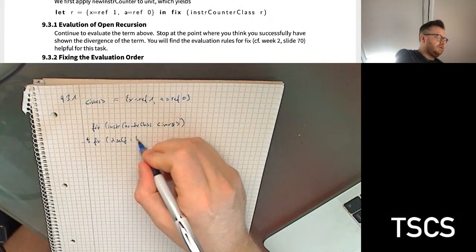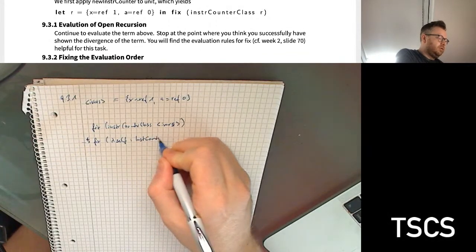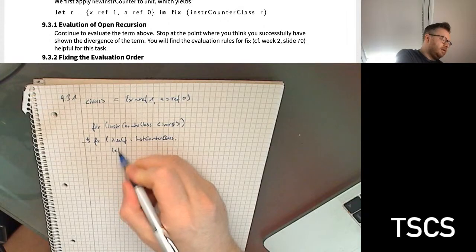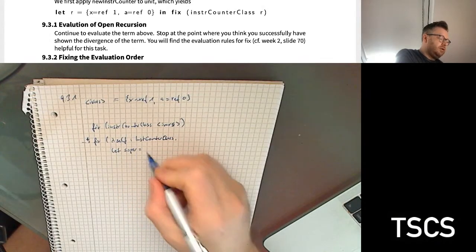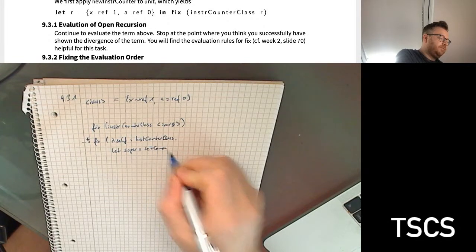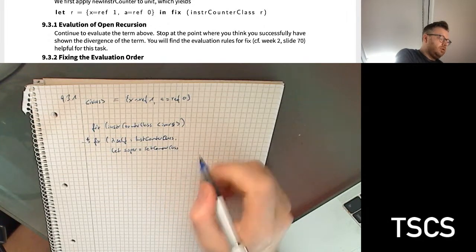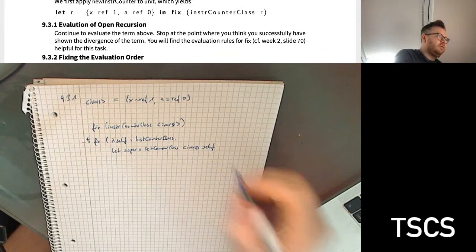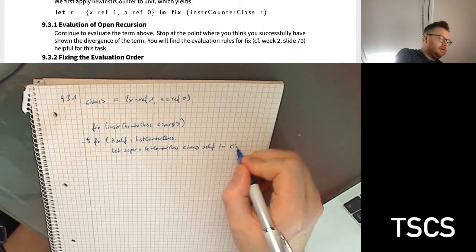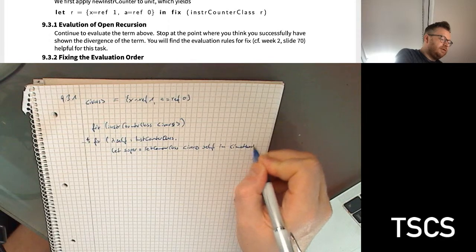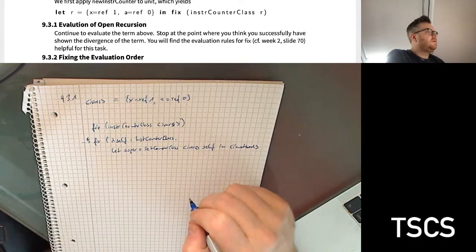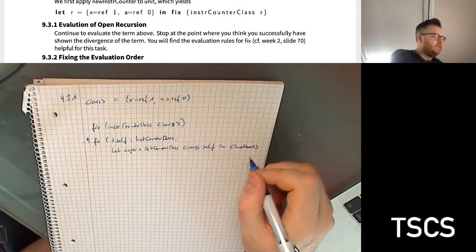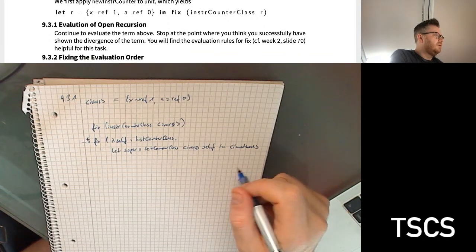You have the self-reference, instrumented counter class, and then the expression is let super equals set counter class, then IVARs again, and then self in, and then the methods. I'm not going to repeat all the methods that are implemented here. It's just a placeholder for these things.